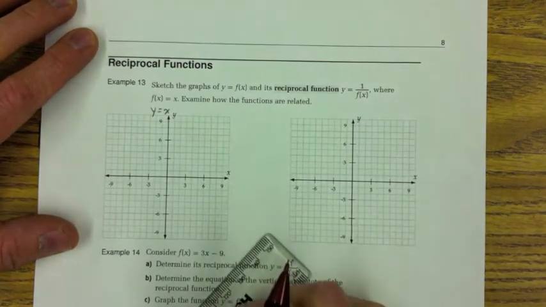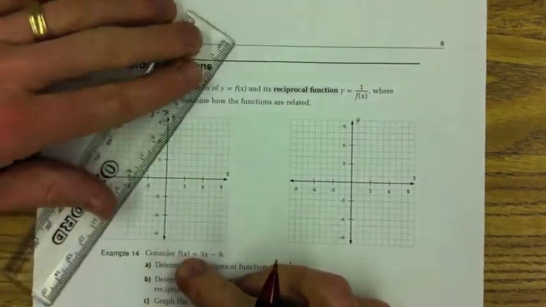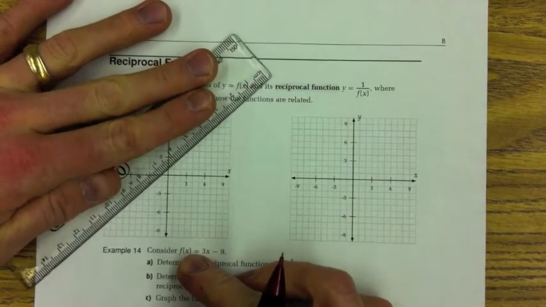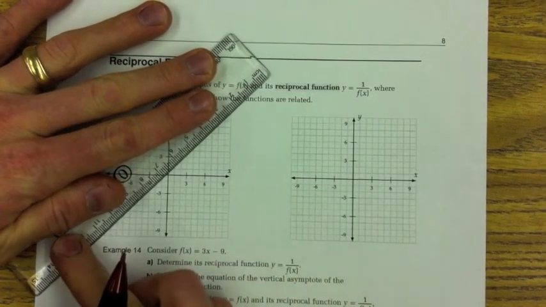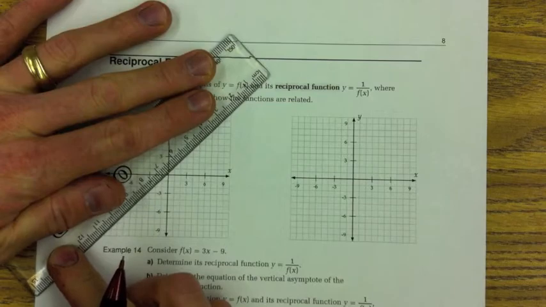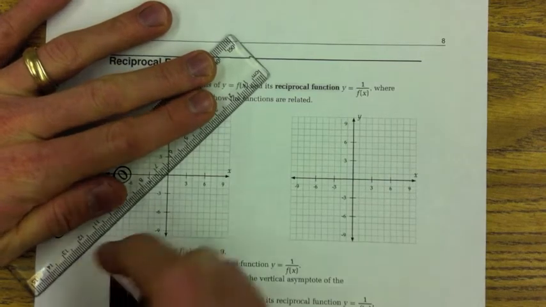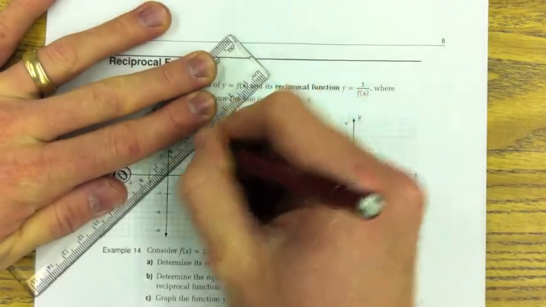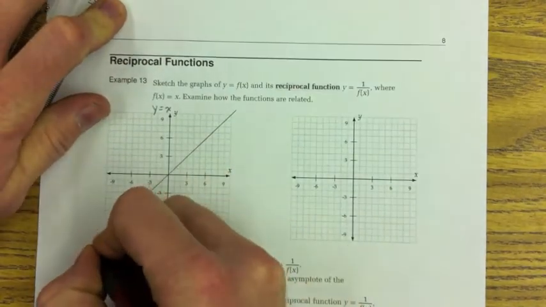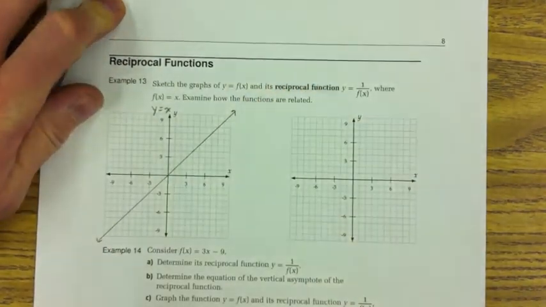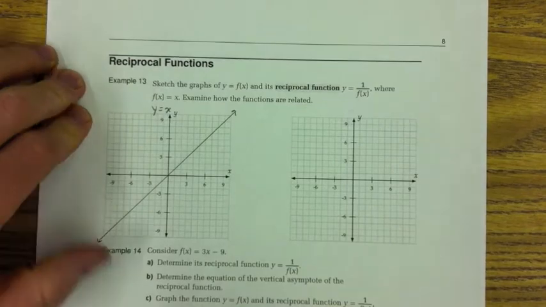The graph of y equals x is a line passing through the origin with a slope of 1. You've seen this countless times before, so I'm just going to quickly graph it here. All right, there's the line y equals x.